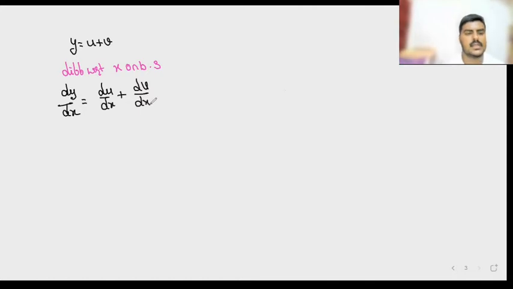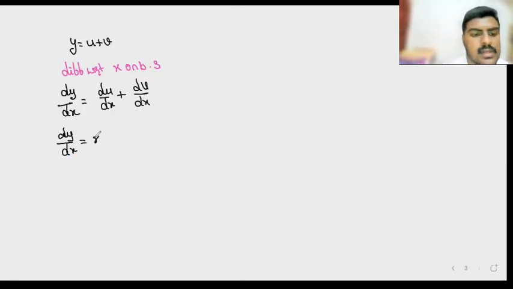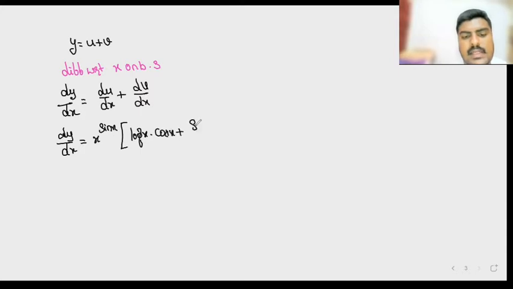So dy by dx equal to du by dx, that means, check in the previous page, x power sin x into log x into cos x plus sin x by x.